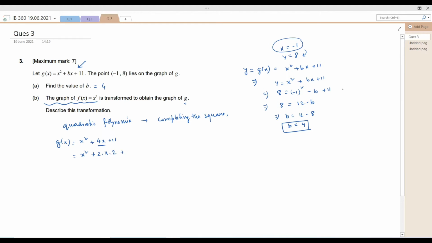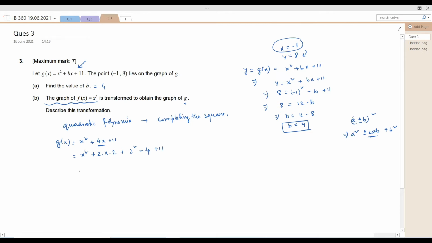If you remember the formula, a plus b or a minus b whole square is a square plus minus 2ab plus b square. So the middle term is 2 into a into b. Here I am assuming b to be 2, so 2 square. Now this is the extra element in my equation, so I have to deduct that, plus 11.